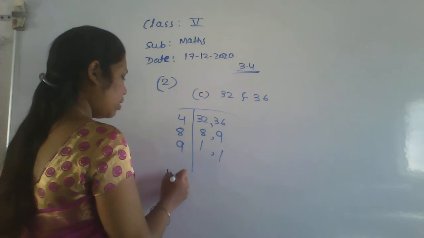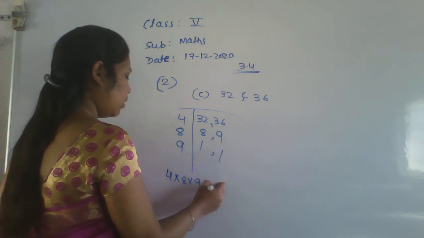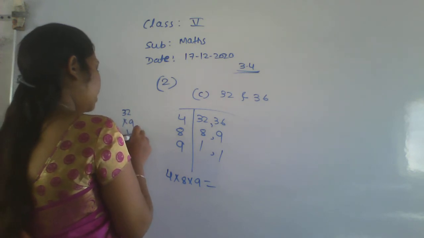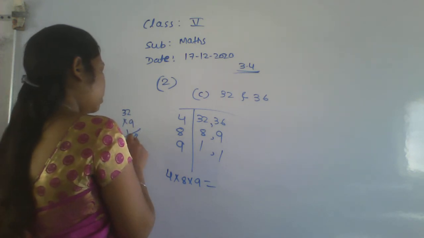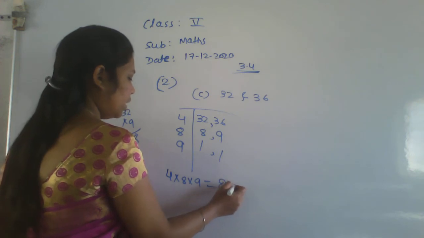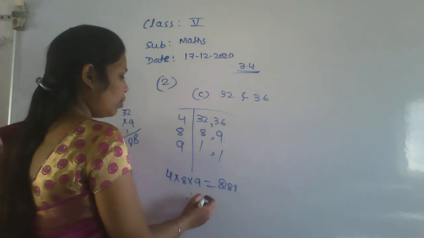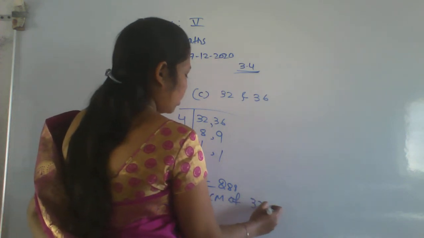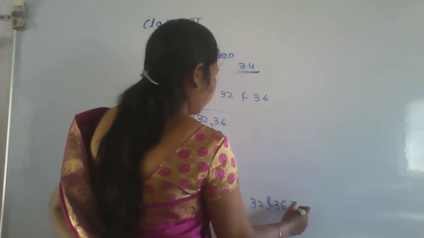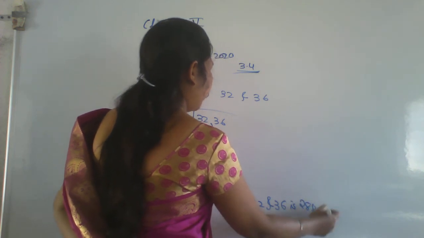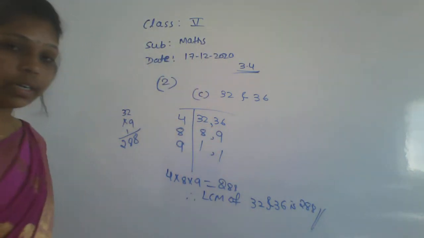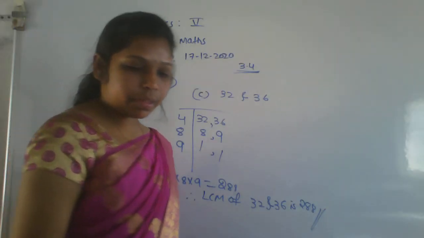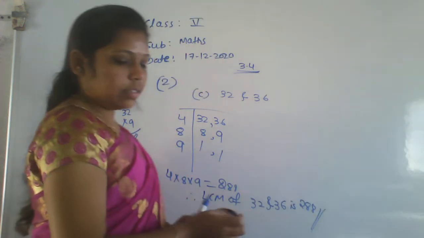Okay, now multiply 4 into 8 into 9. 4 8s are 32, 32 9s are 288. That is 288. Okay, therefore the LCM of 32 and 36 is 288. Next go for the last one.